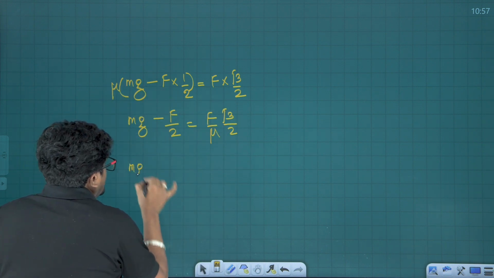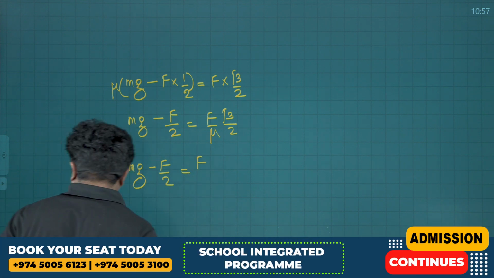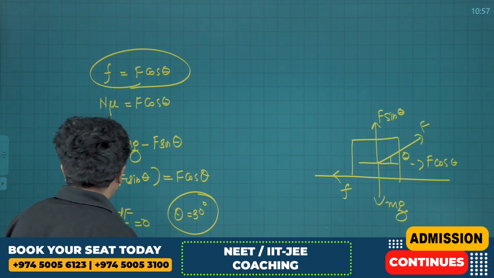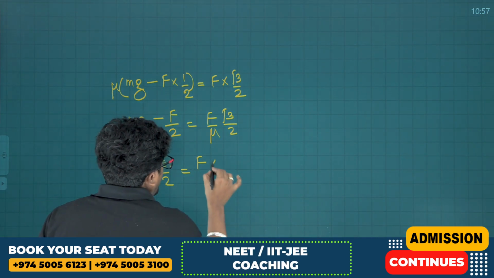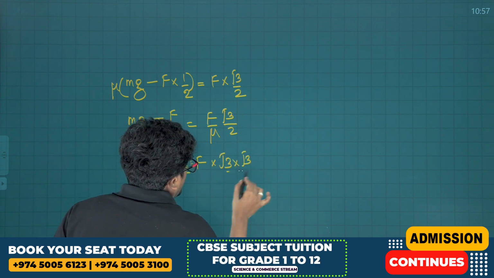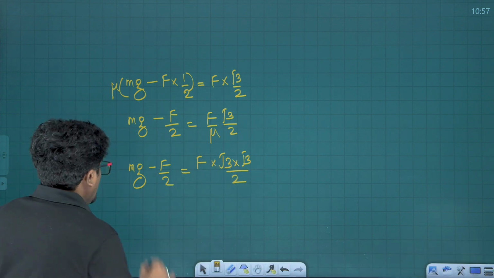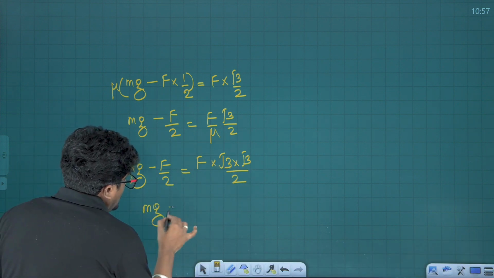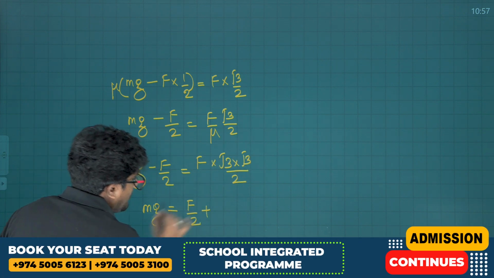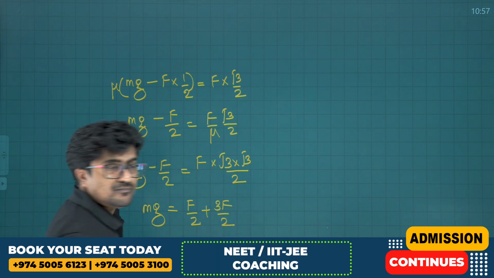Now M into G minus F by 2 is equal to F upon, what was the value of mu? Mu was 1 by root 3. So 1 by root 3 means root 3 is supposed to be on the top, into root 3 by 2. Here this is supposed to be what? 3 only. So M into G equals, this will go to the right. So that's going to be F by 2 plus 3F by 2. Alright.